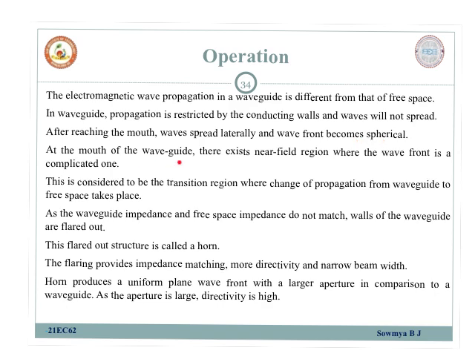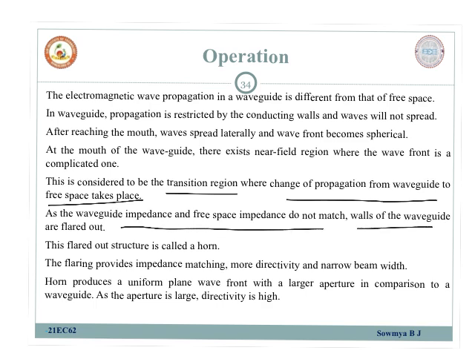Therefore, at the mouth of the waveguide, there exists a near field region where the wavefront is complicated, and this is considered a transition region where the change of propagation from the waveguide to free space takes place. And as the waveguide impedance and the free space impedance do not match, the walls of the waveguide are flared out, and this flared out structure we call a horn.